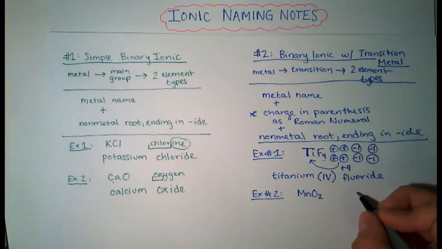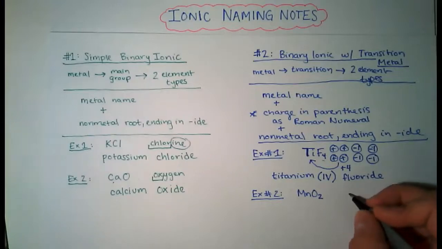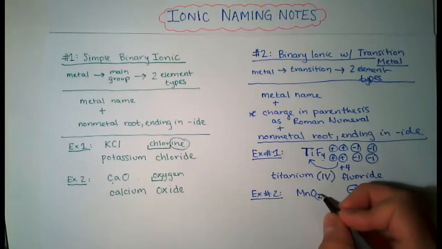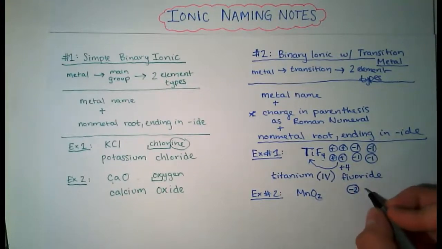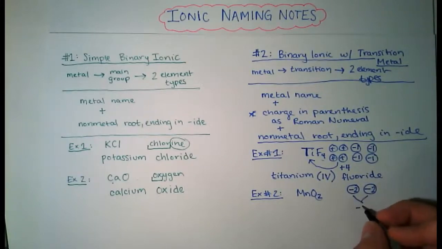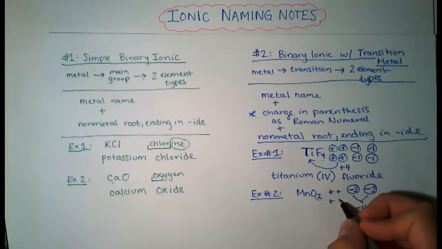So we have oxygen. If you look for oxygen on the periodic table, it's in group 16 and it has a -2 charge. But we don't just have one oxygen, we have 2 oxygens here. So we have 2 -2 charges. So we have total negative charge of -4, so we need to balance that with 4 positive charges.